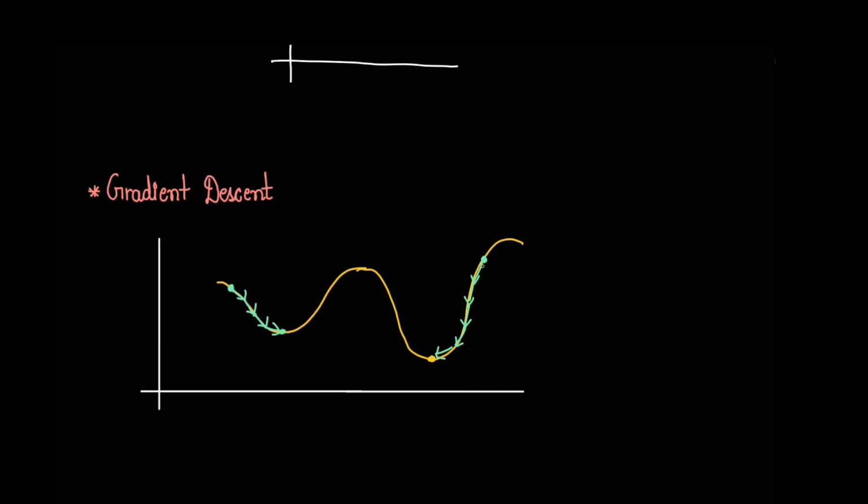It also depends on the step size and the number of data points we have. Suppose we start here and the step size is too small and we only have this many data points. We'll reach here and not go any further. We are stopping before converging because of the limited amount of data.